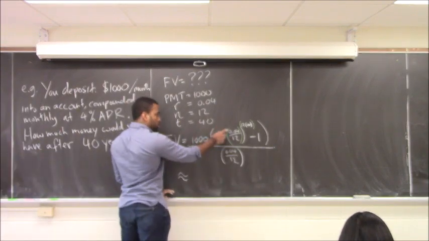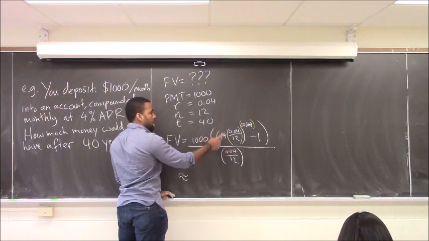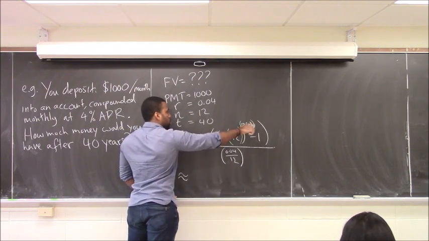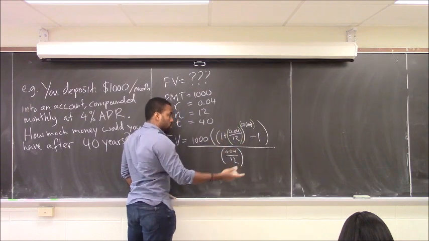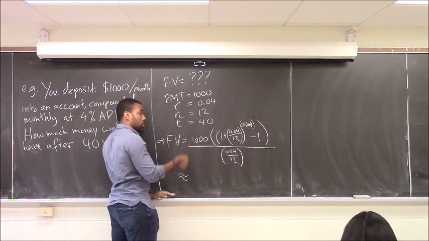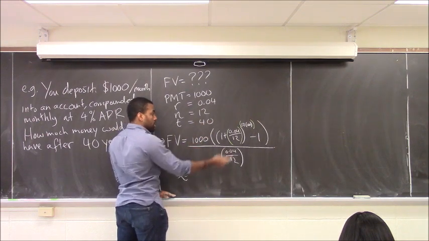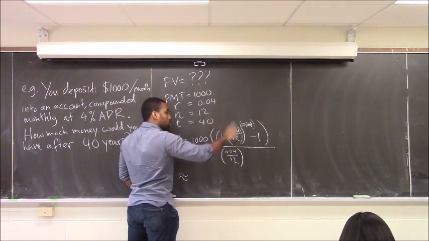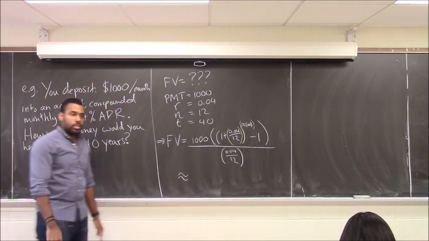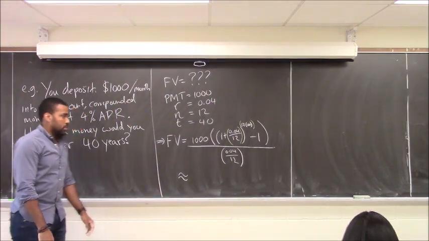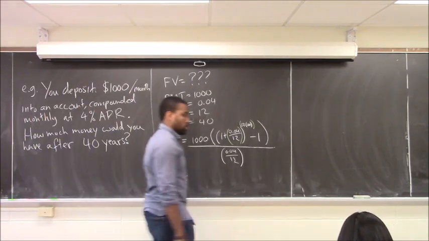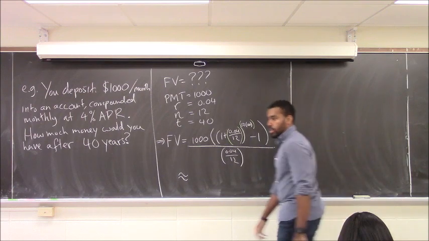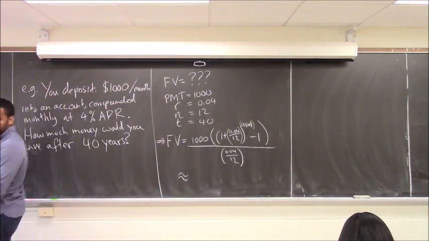I would take 0.04 divided by 12, add 1, get the result, power, parentheses, 12 times 40, close parentheses, enter, get the result, subtract 1, get the result, times 1,000, get the result, division sign, parentheses, 0.04, division sign, 12, close parentheses, enter. That's how you do it piece by piece. You have to follow PEMDAS. Anyone got it? What number are we getting?